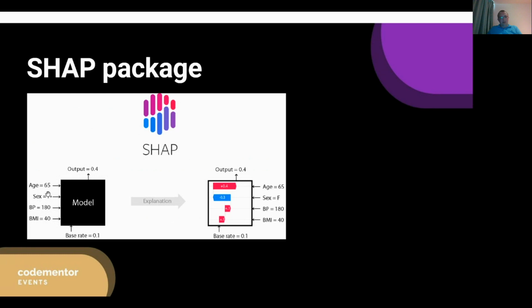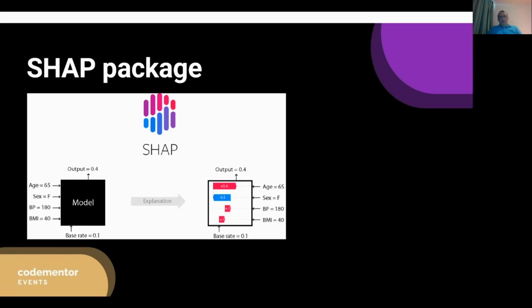So there is a particular value for these features. And now we can look and see that BMI is 0.1, BP is 0.1, sex is minus 0.3, and age is 0.4.